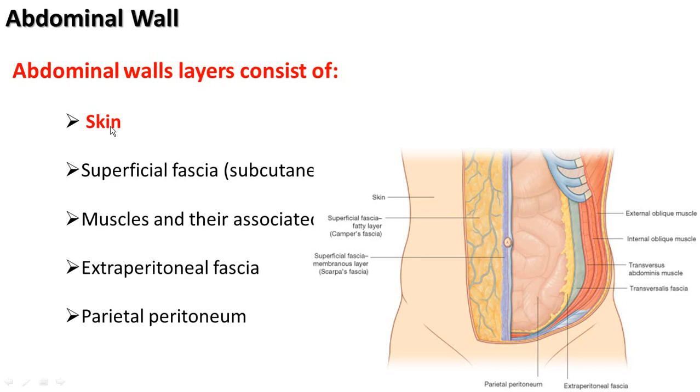These are skin, superficial fascia, muscles of the anterolateral wall of the abdomen, such as the external oblique muscle, internal oblique muscle and transversus abdominis, the fascia transversalis, extraperitoneal fascia, and the deepest layer, the parietal layer of peritoneum.